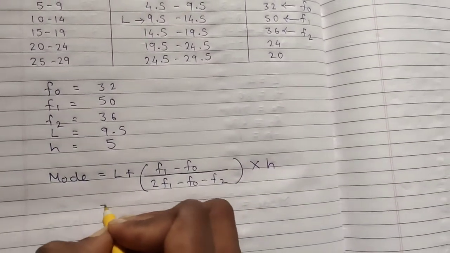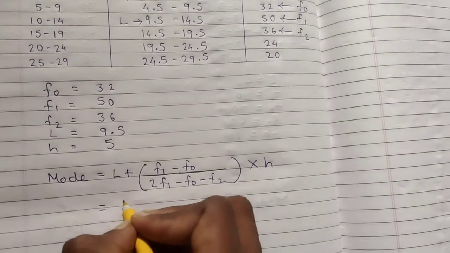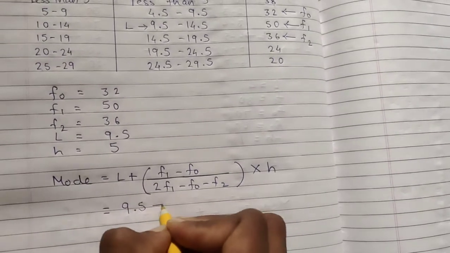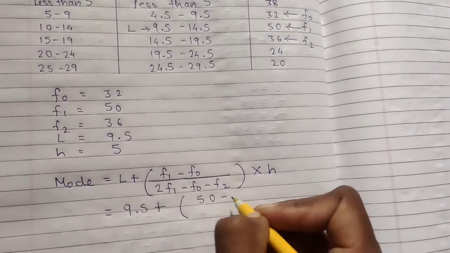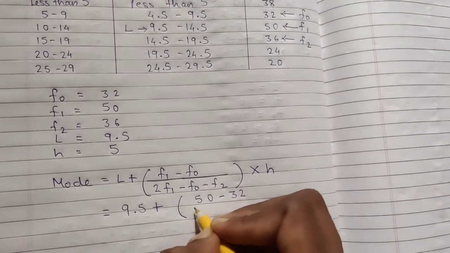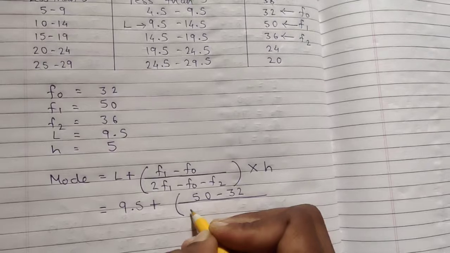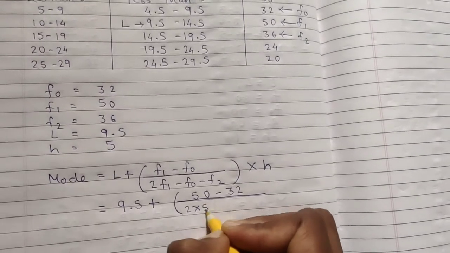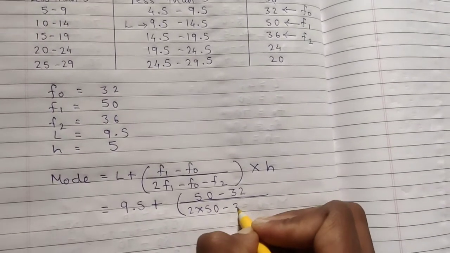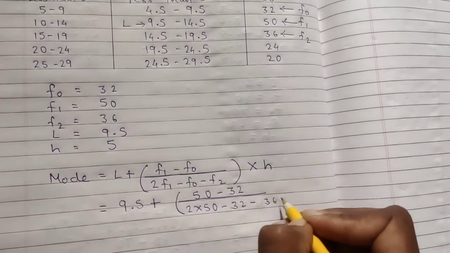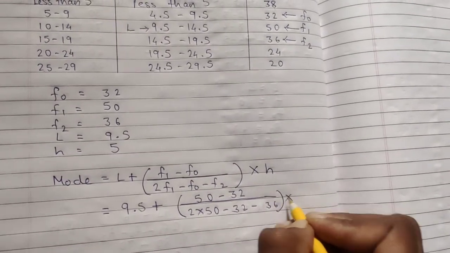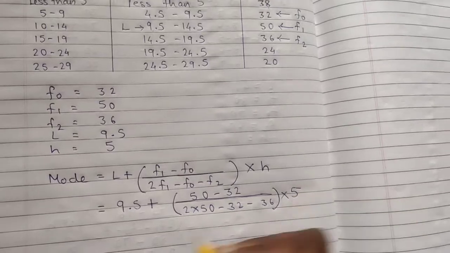Now let us substitute the values. What is L here? 9.5 plus, what is F1? 50, F0 32. Here 2 into F1, so 2 into 50, minus F0 which is 32, minus F2. F2 is 36, into what is H? 5.